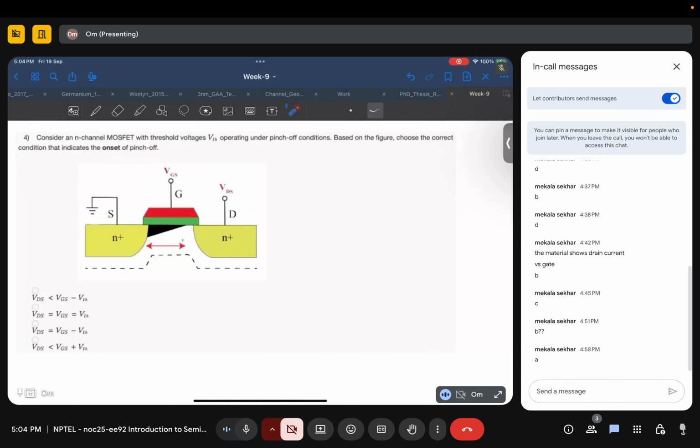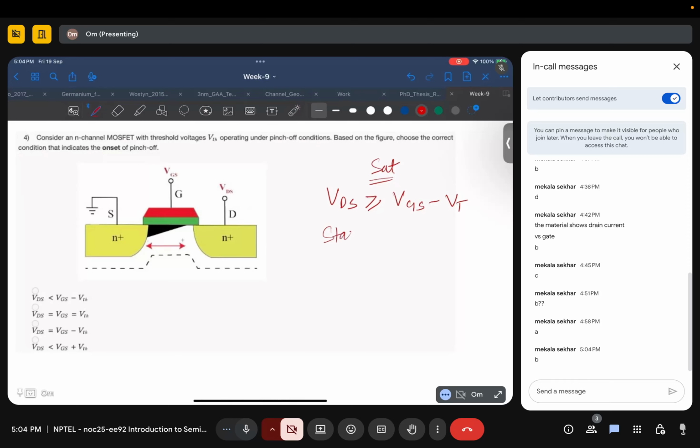So the onset of saturation is VDS greater than or equal to VGS minus VT. When it starts is VDS equals VGS minus VT. So it is option C.